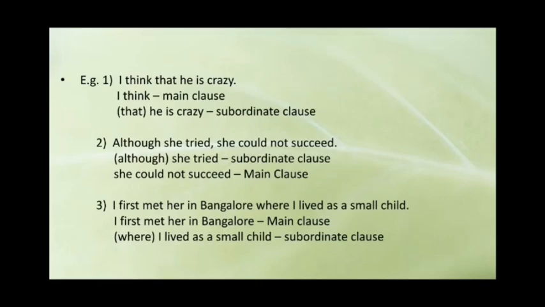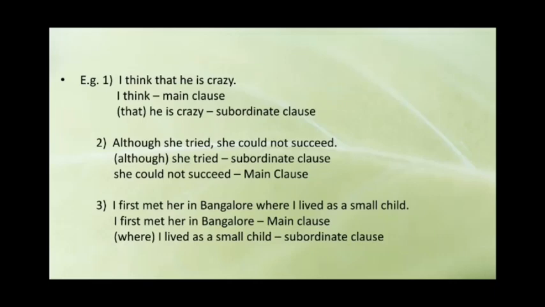So the first one, that is I think, is a complete sentence. Okay. So that is why I think becomes the main clause. It is not dependent on anything. The rest of the sentence, that he is crazy, is the subordinate clause. Why? Because when you read only this part, that he is crazy, it doesn't make any sense.